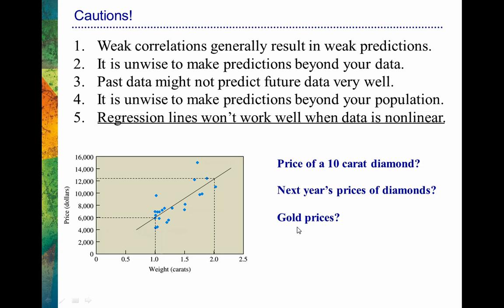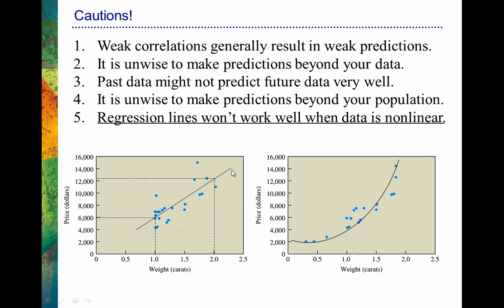And here's another point. Regression lines don't work well with data that's nonlinear. We already discussed that when we're computing correlations, we are trying to fit a line. We're trying to find a linear relationship between these data points. When we have data that is not linearly related, then a regression line is not going to work very well. So this would just be an example.